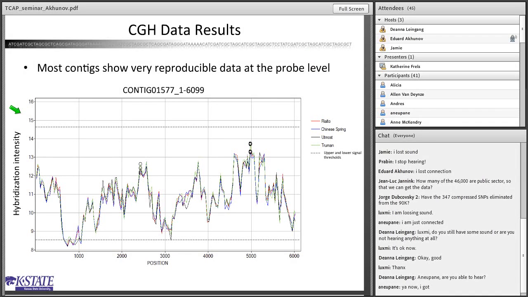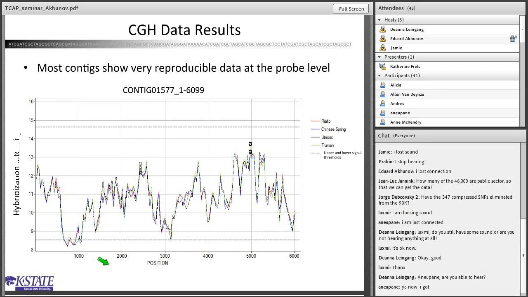Along the y-axis, you may see the hybridization intensities of each probe, and this is the hybridization intensity distribution across the target sequence. Here, in this particular case, we targeted 6,000 base pairs from the wheat genome that included genic sequence.